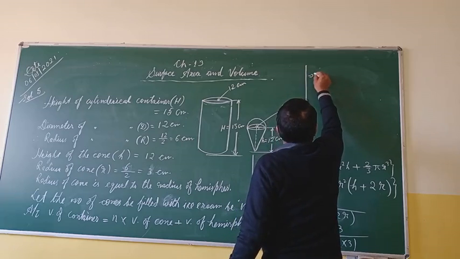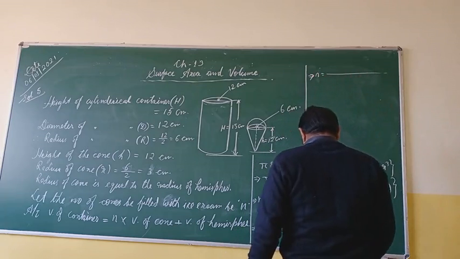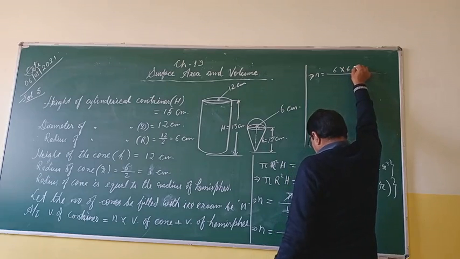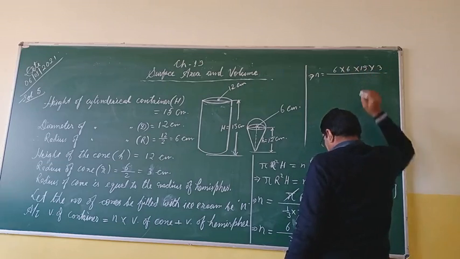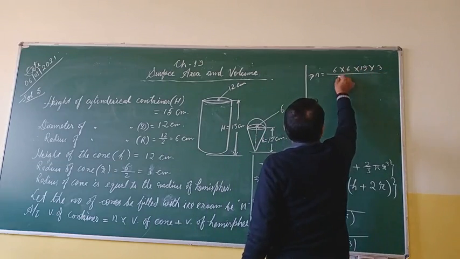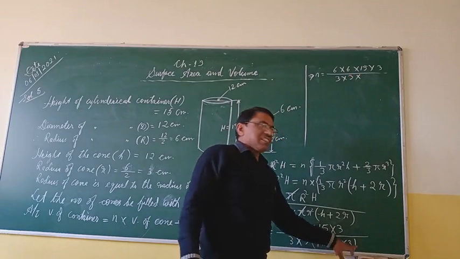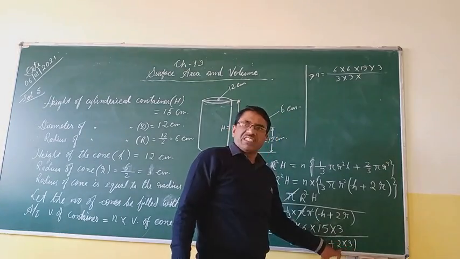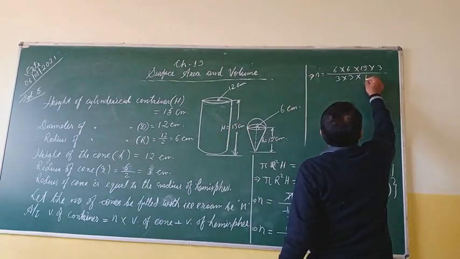Now n is equal to 6 into 6 into 15 into 3 by 3 into 3 into 12 plus 6, that is 18. So now we write 18.